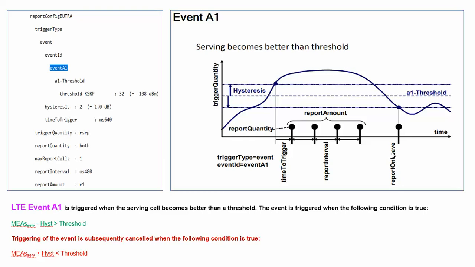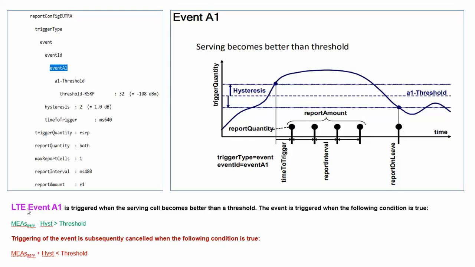Next is report on leave. When will it leave? I am going to take one example for better understanding. Here the definition is: event A1 is triggered when serving becomes better than threshold. I think everyone knows this is simple: when serving is better than threshold, event A1 will trigger.